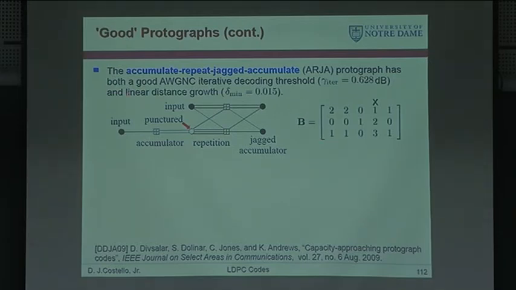Now notice this is all in the graph domain. There's no encoder anymore. I'll get back to that in a second. But this is the base matrix corresponding to this graph. By the way, here's a degree 1 node that we were talking about a little bit this morning. This node is punctured. We basically mean that this corresponding bit is actually not transmitted.